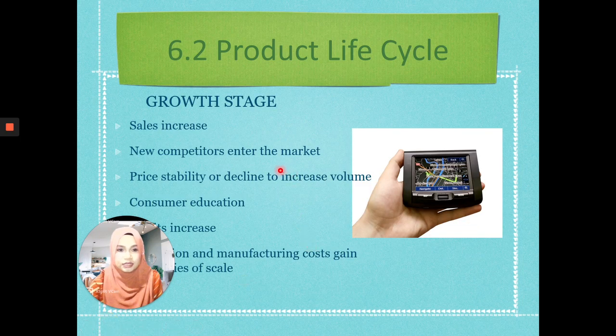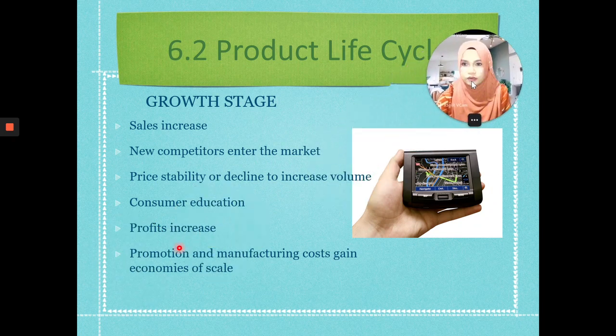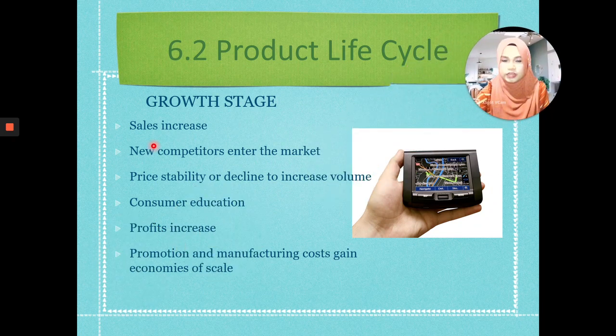Okay, the next stage is what we call the growth stage. As I told you, sales go up tremendously, so sales increase. Now what happened in the growth stage? When you introduce your product, your competitors start to think, hey, there is a new product, I also want to produce the same thing.